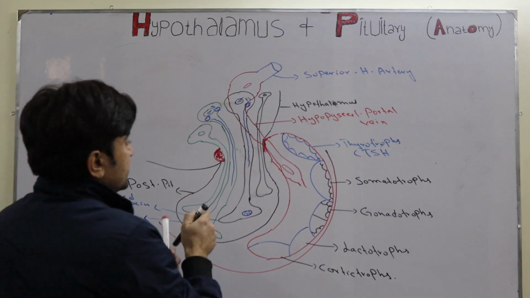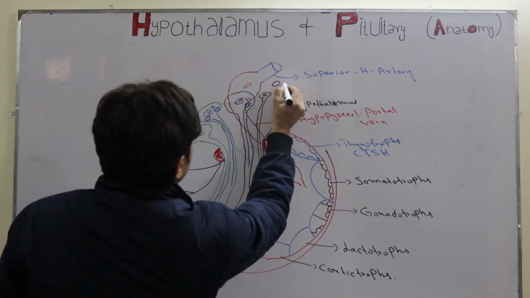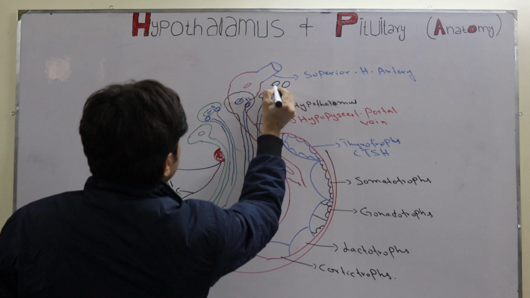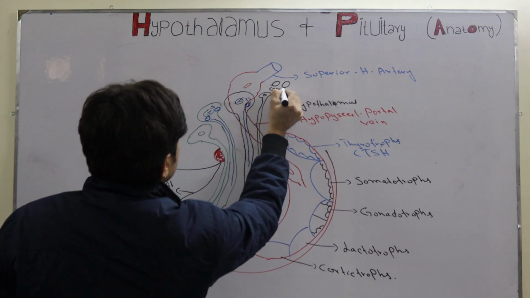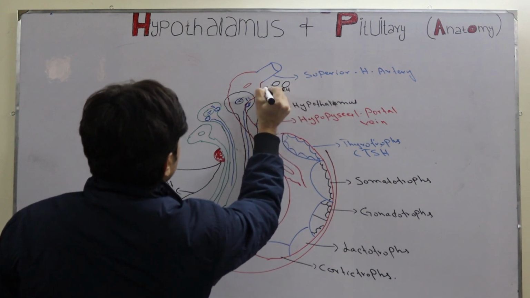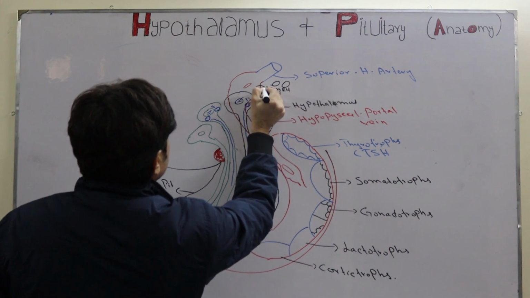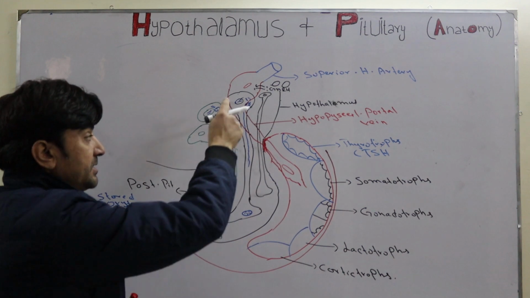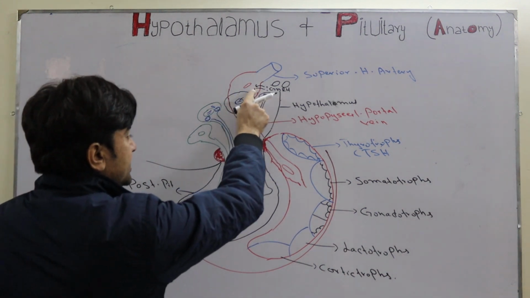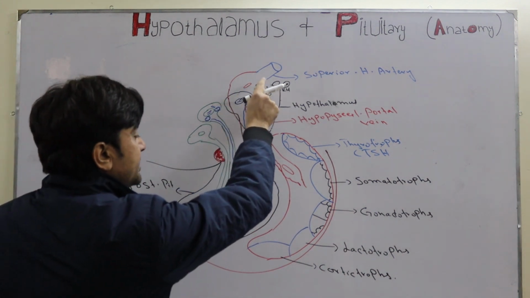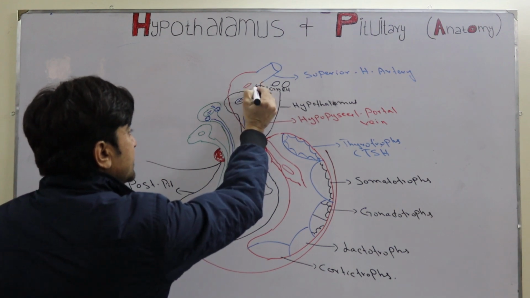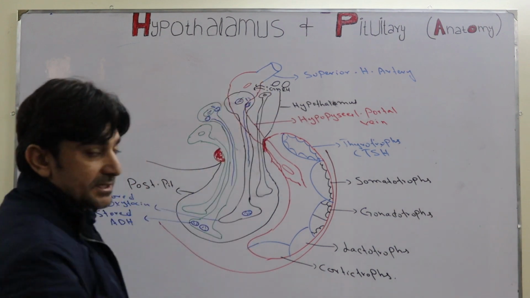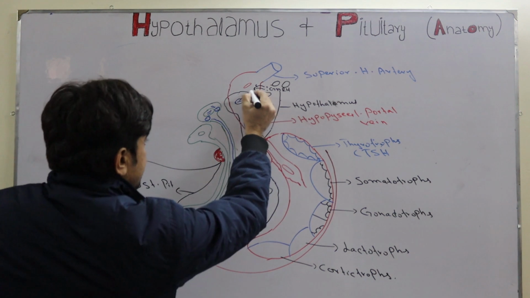Now, for example, here are some hypothalamic cells, and these cells produce GnRH. This GnRH hormone enters the blood, into the capillary, the blood present in the capillary.